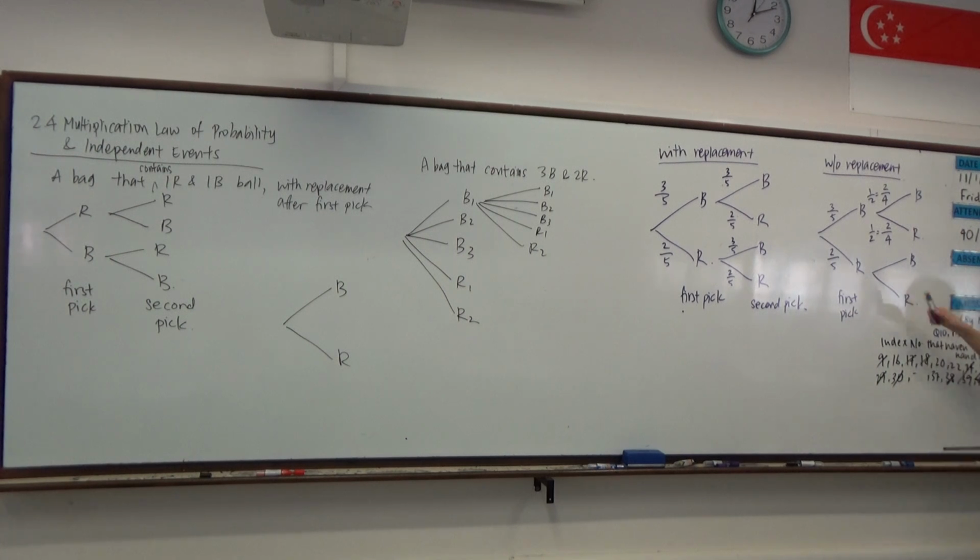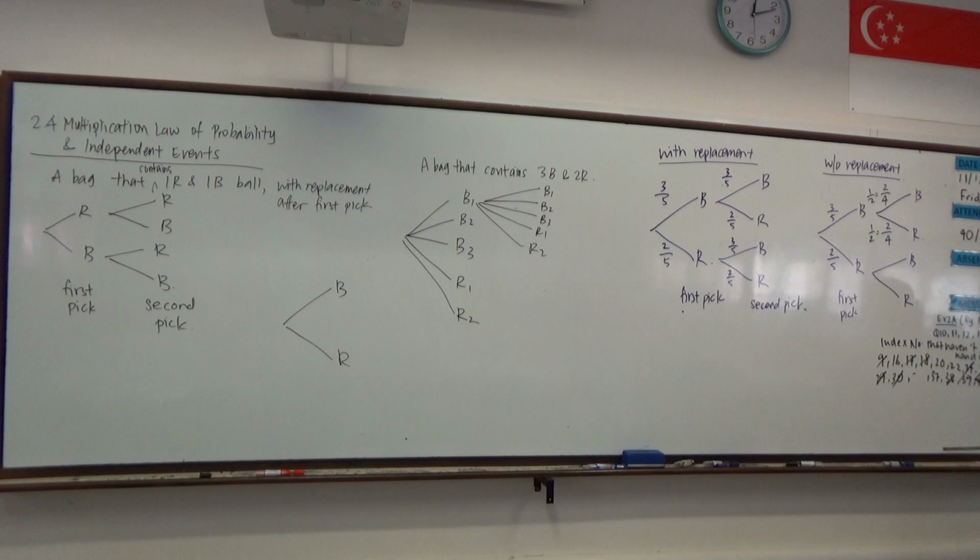Then after that, when considering the red one, if my first pick were to be red, and I don't replace it, what would the probability of getting the blue ball be after that in the second pick? What would it be? If I pick a red one at first and I don't put it back, how many balls would there be left inside the bag? 4.